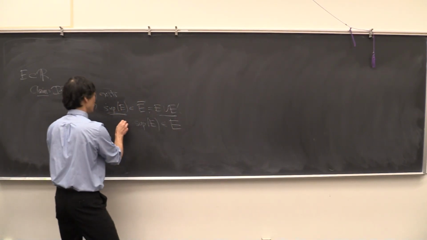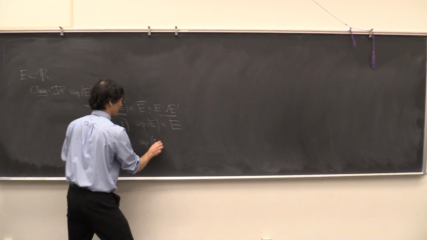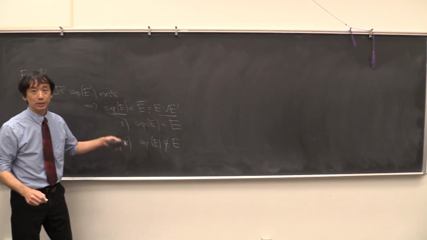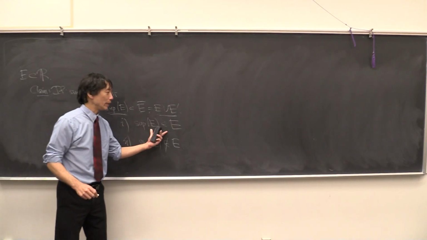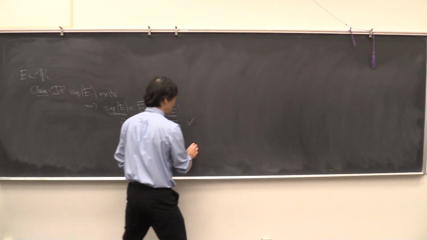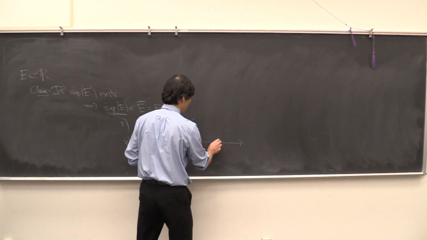Either it's an element of E or it's not an element of E. If it's an element of E, then you're done, right? If it's not an element of E, then we're hoping that it's a limit point.